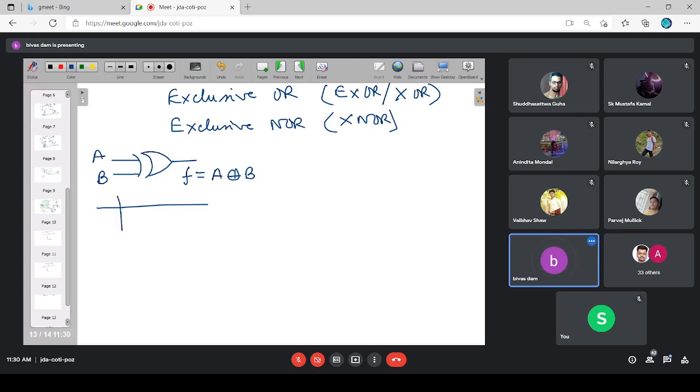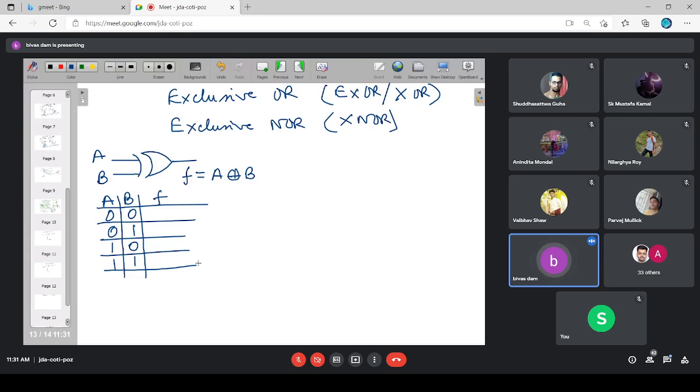Truth table wise, here in the case of exclusive OR gate, the output will be true if and only if the inputs are exclusively true.